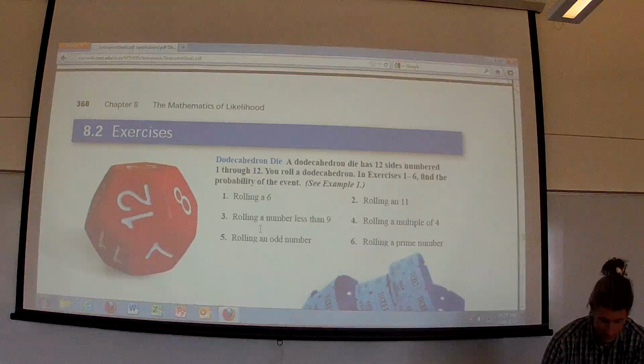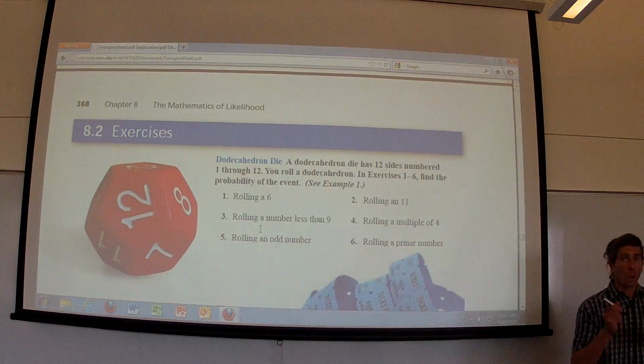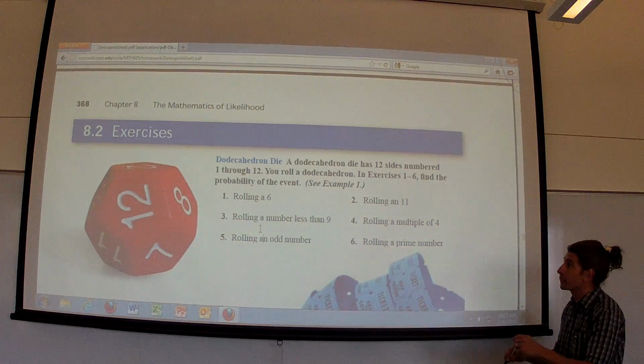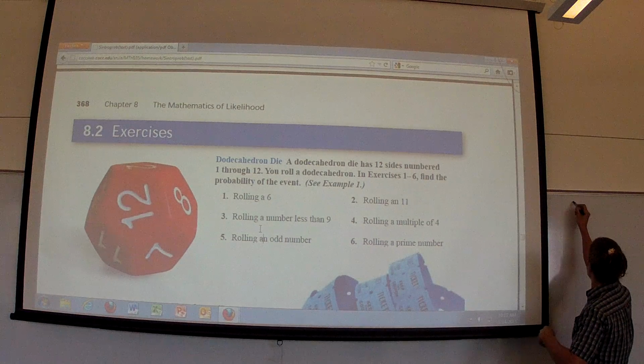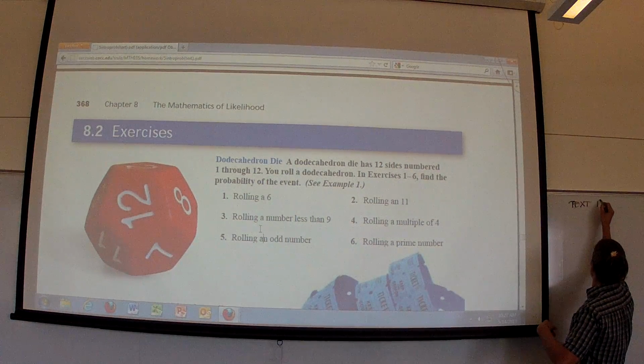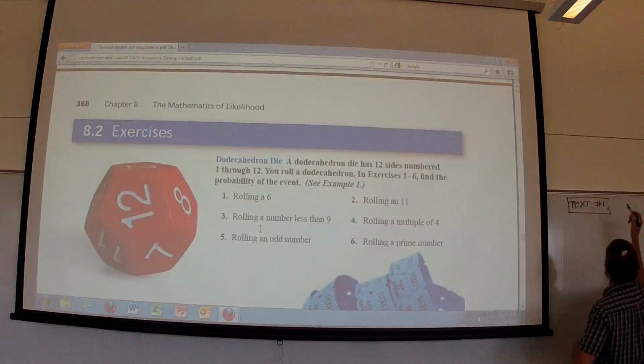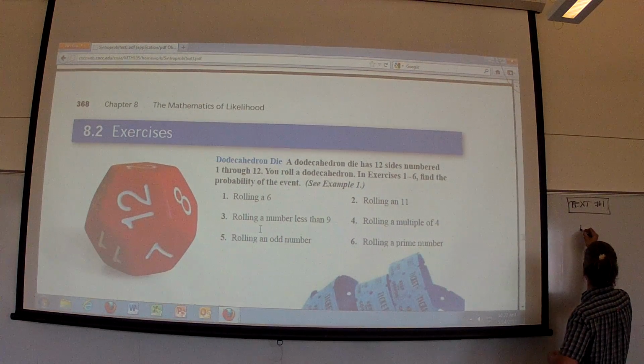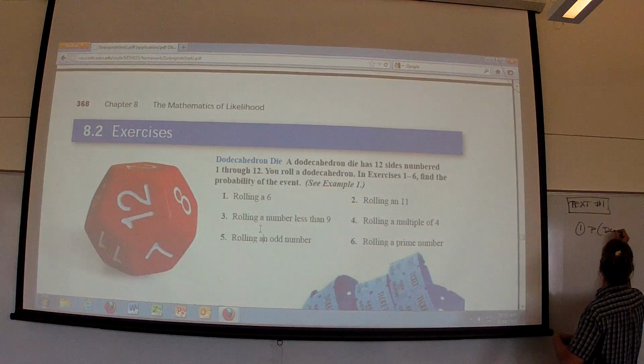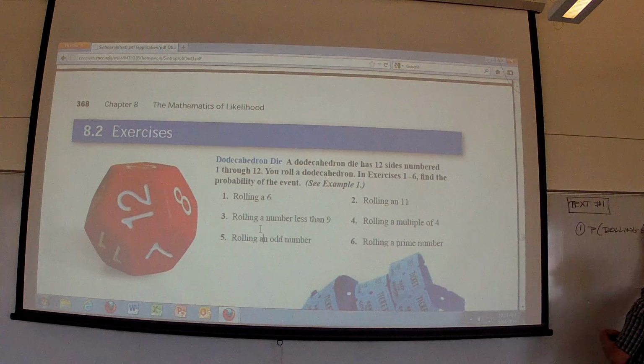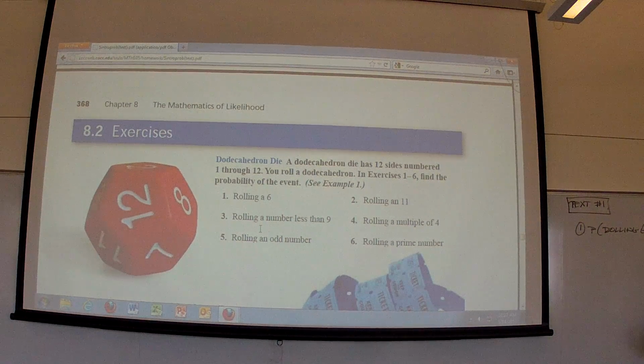Why is it 1 out of 12? Because it's 12 possibilities. So we'll add this to the board over here. This is text number 1. We have the probability of rolling a 6 is 1 in 12. There are 12 sides, one of which is a 6.